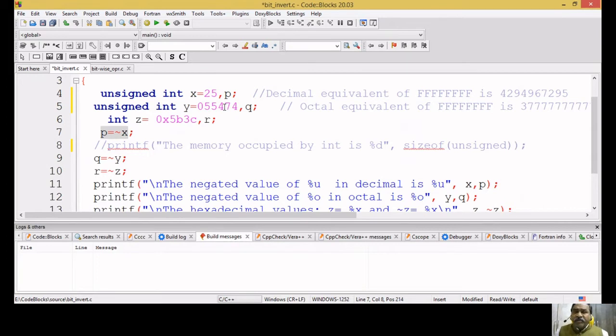What is the 9's complement of it in decimal? 25 is to be subtracted from 99, each digit, right? 9 minus 5, 4. 9 minus 2, 7. So the complement of 25 in the decimal number system is 74.